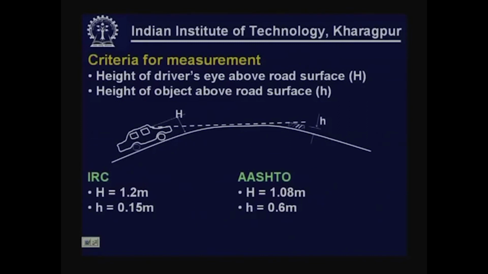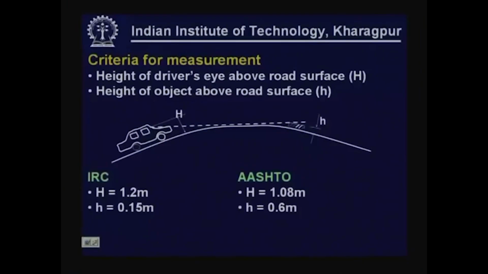As per AASHTO, the American Association of State Highway and Transportation Officials, the height of the driver's eye above the road surface is considered as 1.08 meter and the height of the object above the road surface is taken as 0.6 meter. These are design values.